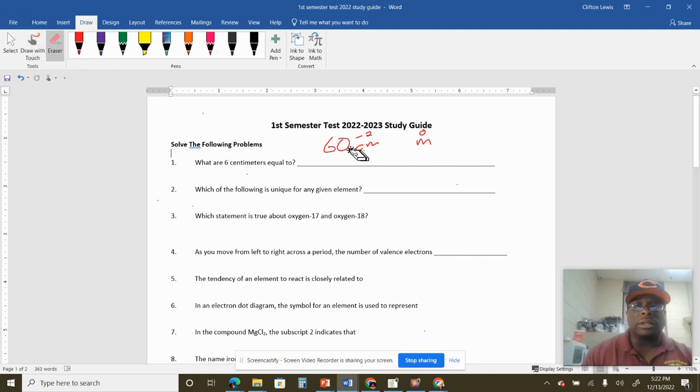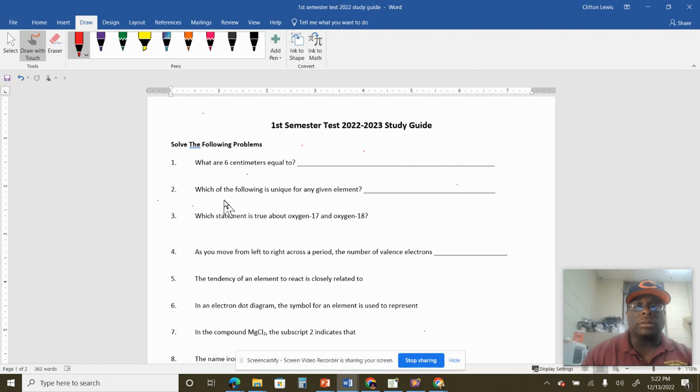Let me erase that 60. So I got 6. How do you go to the left? 2 powers of 10, the difference. So I'll start here. 1, 2. Put the 0 in the ones place as we have to. 600s. All right, so you learn how to convert between units of measurement. You see that on the study guide.